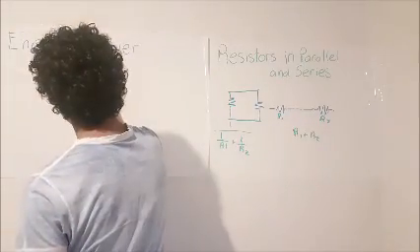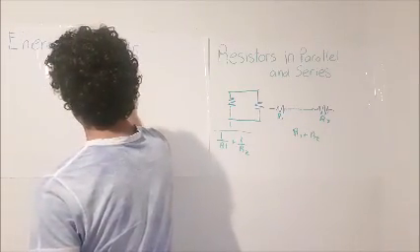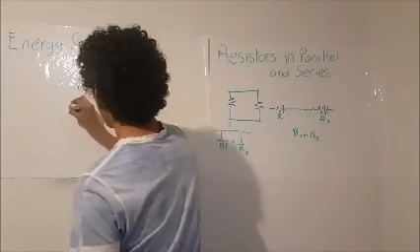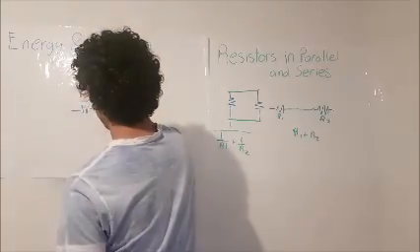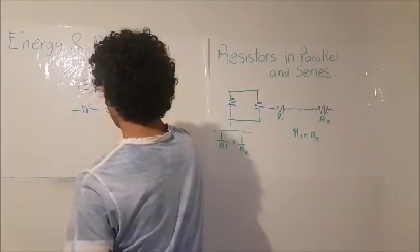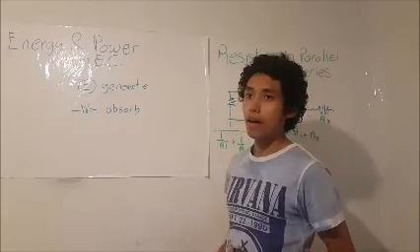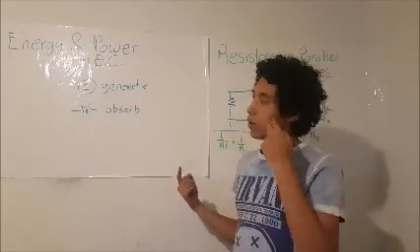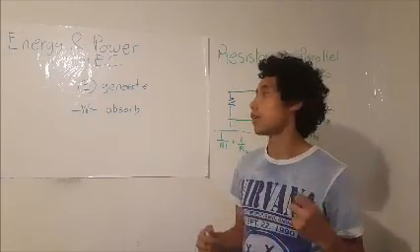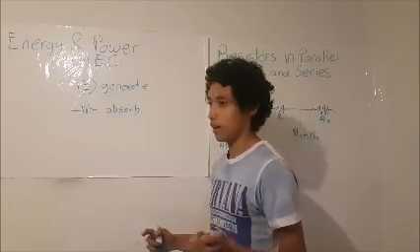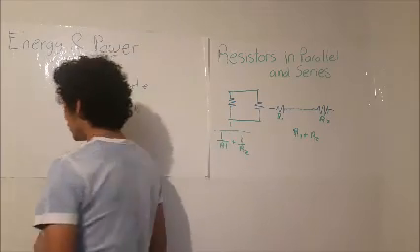The voltage source will generate, and the resistor will absorb the power. And how do we calculate this power that is either generated or absorbed? There is a trick.